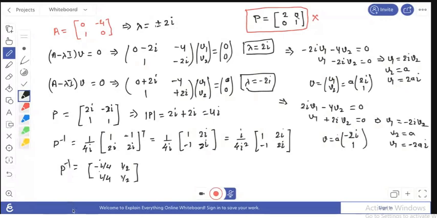A(x), our given matrix, is sine x 0, 0 and 2. And y1(x) is the first column of this. If you write in column form, it equals this thing. If we multiply these two, this becomes sine x and e to the power x sine x, and here this is 0.